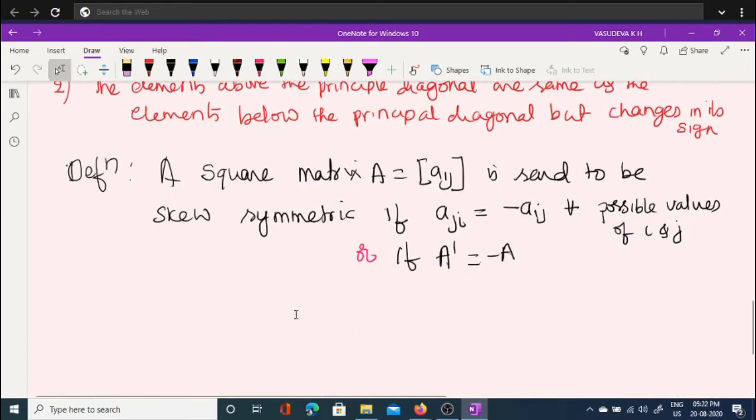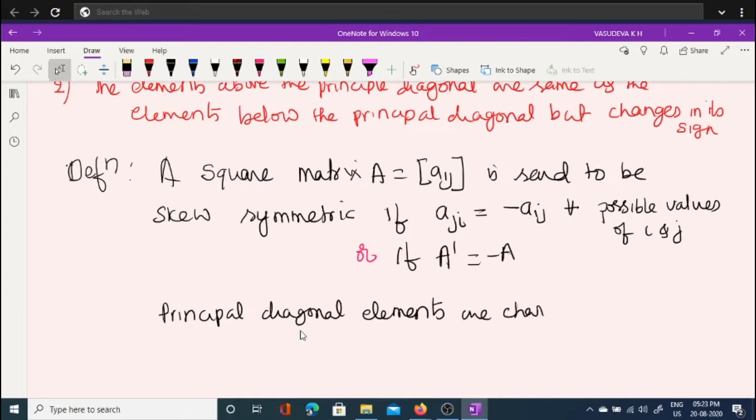So how to prove this? Suppose the principal diagonal elements for a square matrix are characterized by Aij if i is equal to j.